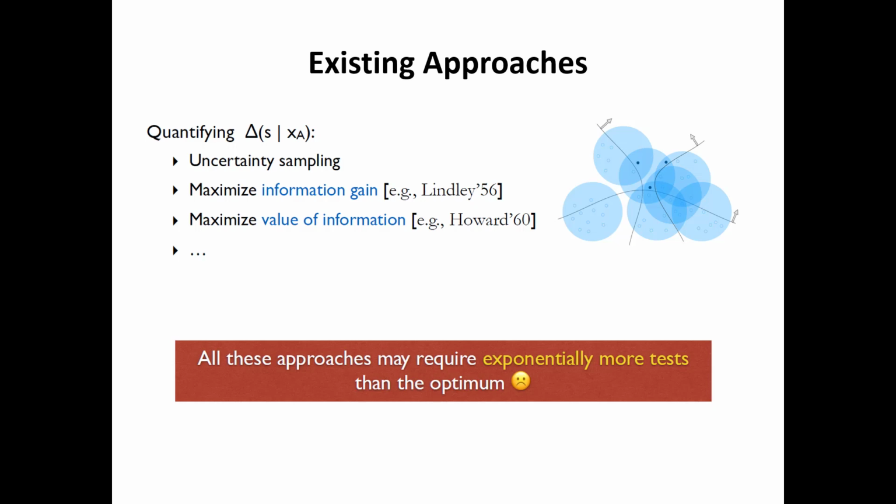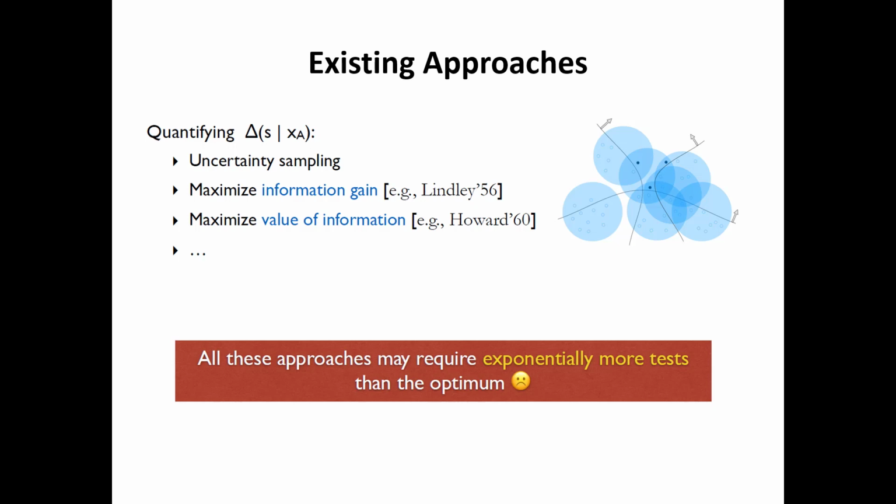In the literature, there are several ways to quantify or choose this conditional expected benefit. For example, uncertainty sampling suggests to choose a new test at every step which leads to a maximal reduction of the entropy over the hypothesis space. Then information gain suggests to choose a new test that leads to a maximal reduction of the entropy over the decision regions.